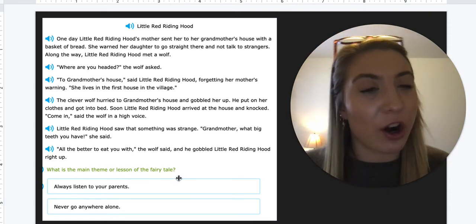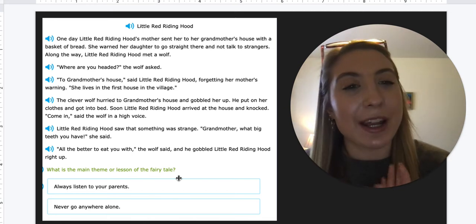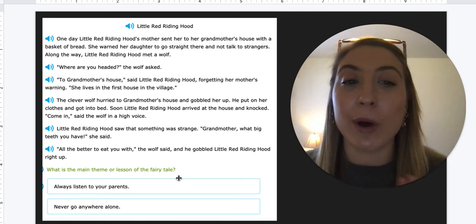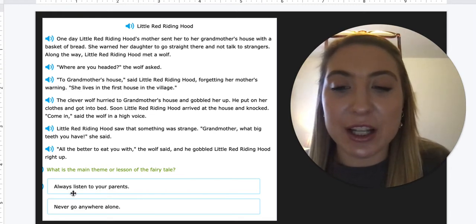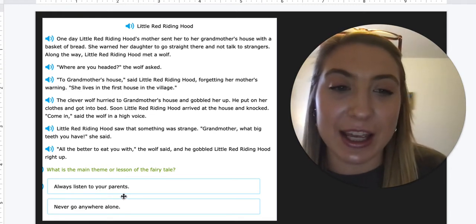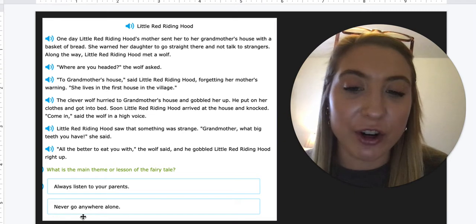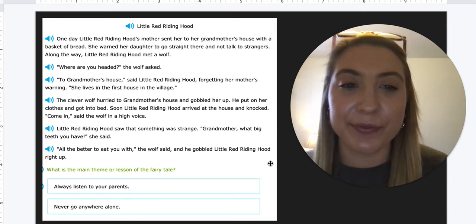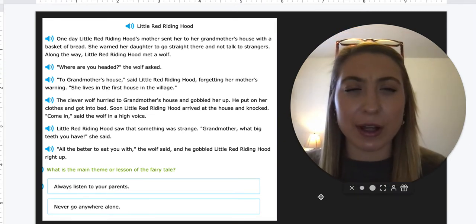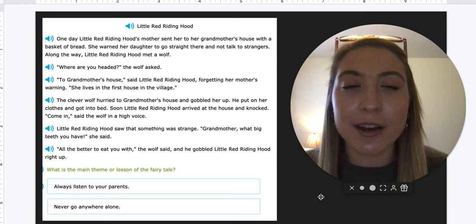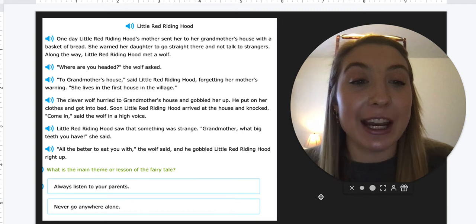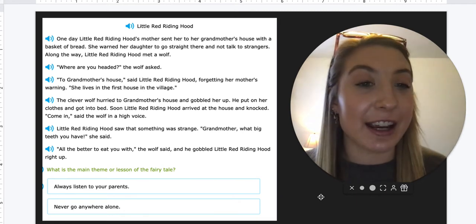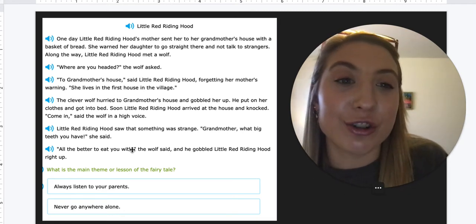I'm going to read what our options are first so I can look back at my story while I'm reading it and figure out which one makes sense. The first one says, always listen to your parents. The next one says, never go anywhere alone. Those are our two lessons, themes. Let's figure out which one makes the most sense. We're going to make an inference, an educated guess, after finding facts of the main events in our story.